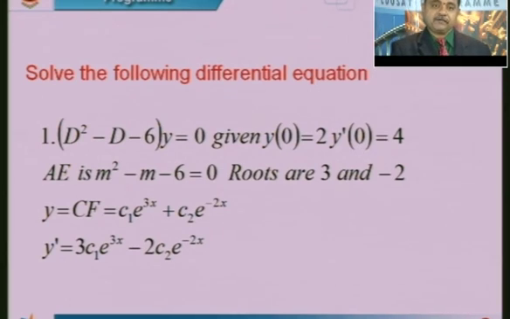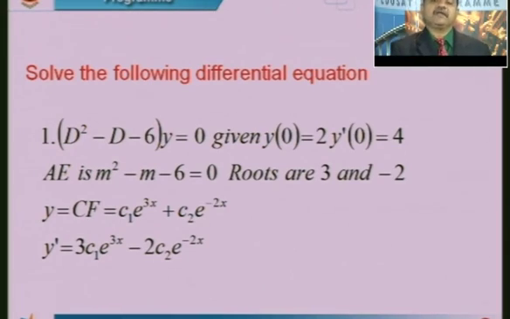For example, we consider the current flow in an LRC circuit. What is the initial condition? At time t equal to 0, what is the current value? So at time t equal to 0, that is the initial condition. So in engineering applications, with the initial and boundary conditions only you will get the differential equations.